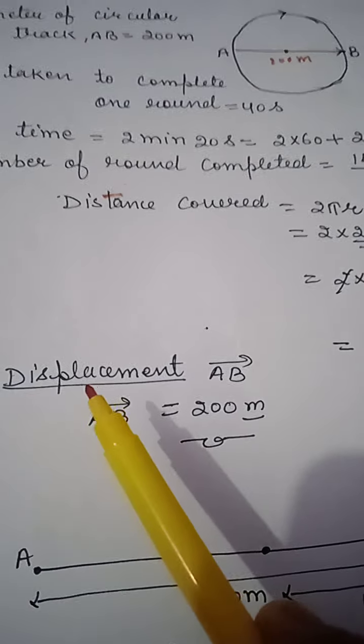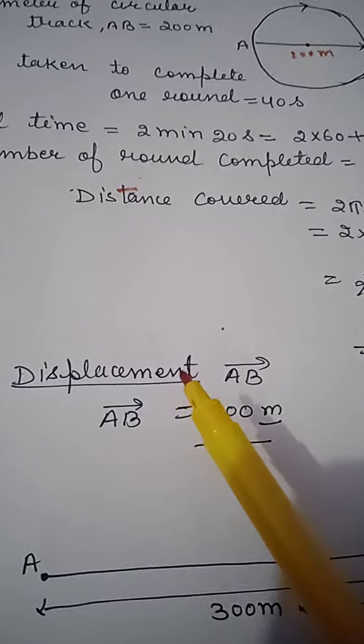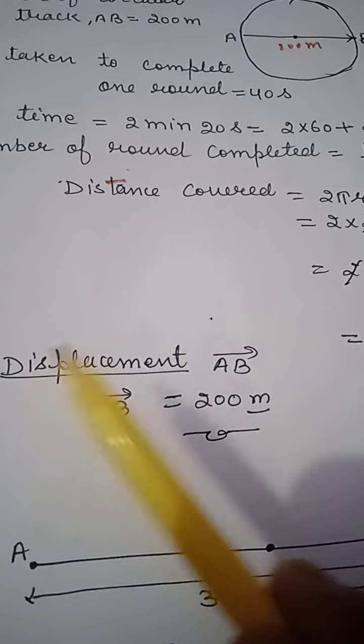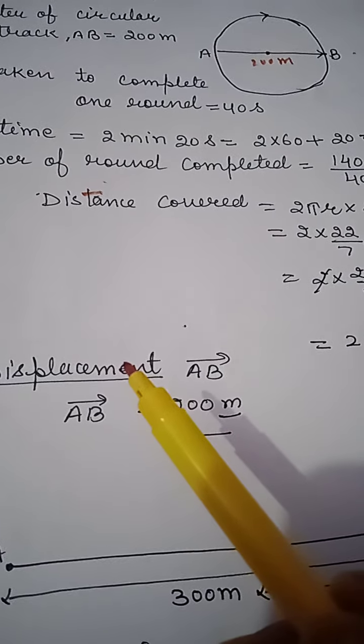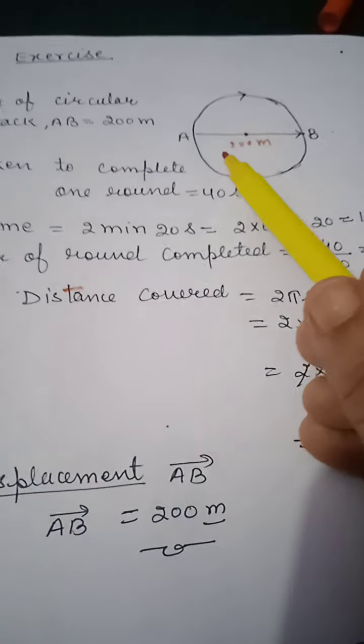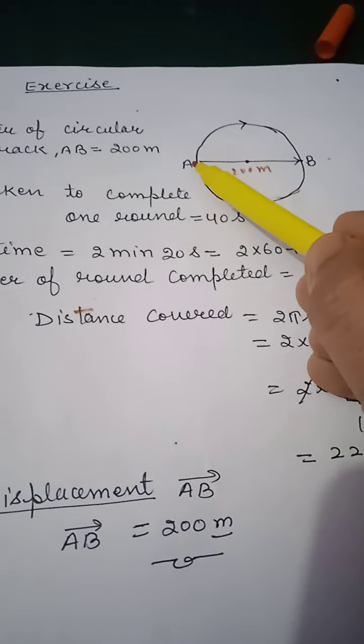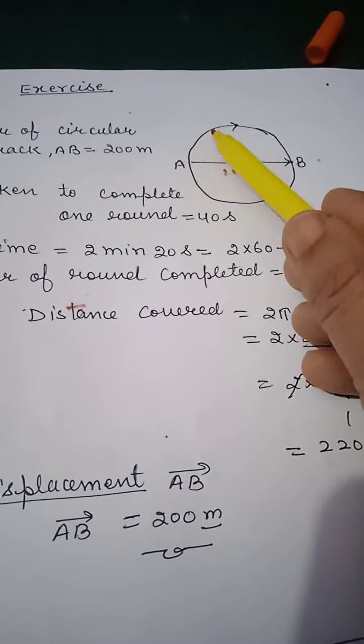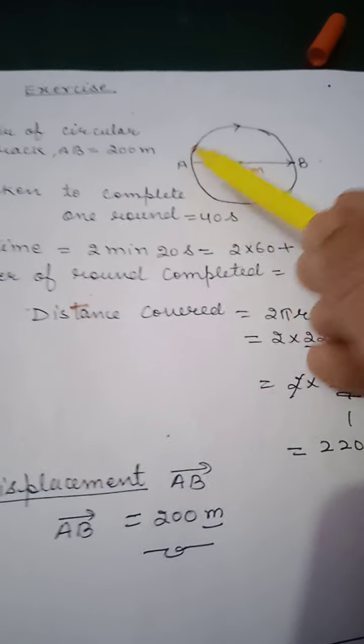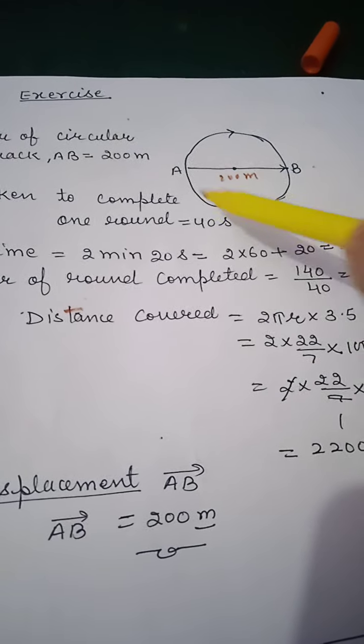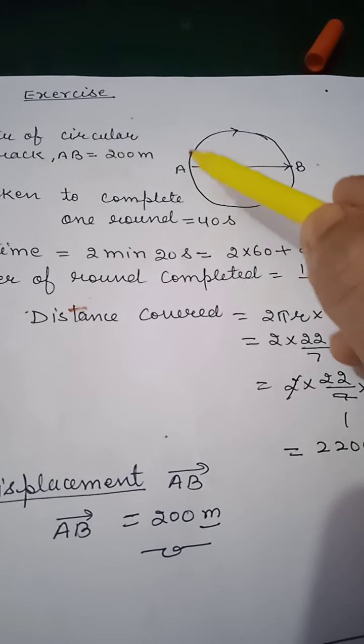Now what is the displacement? What do you mean by displacement? Displacement is the shortest distance. Suppose the athlete starts moving from here and completes 3.5 rounds, but that is the distance covered.